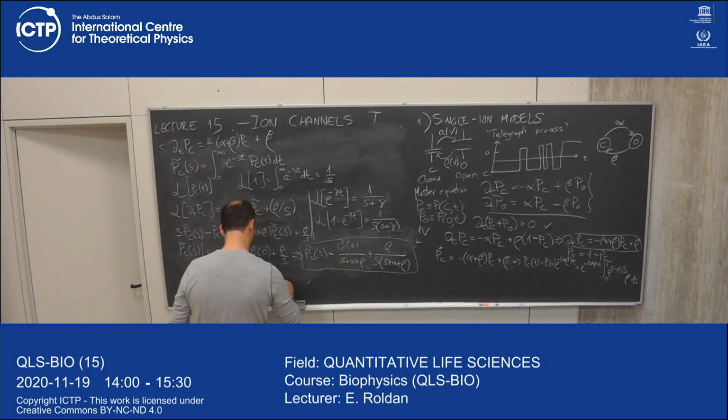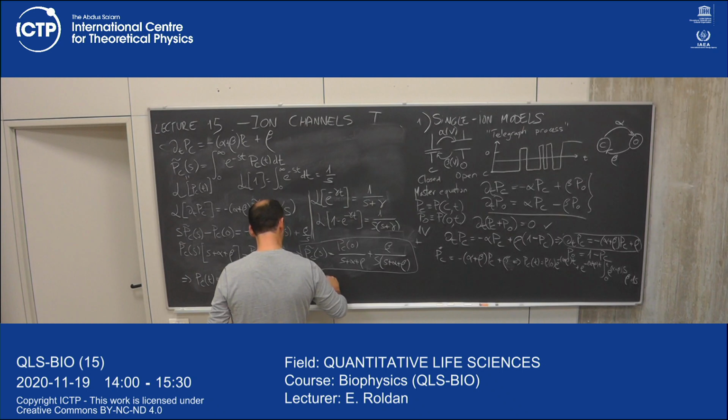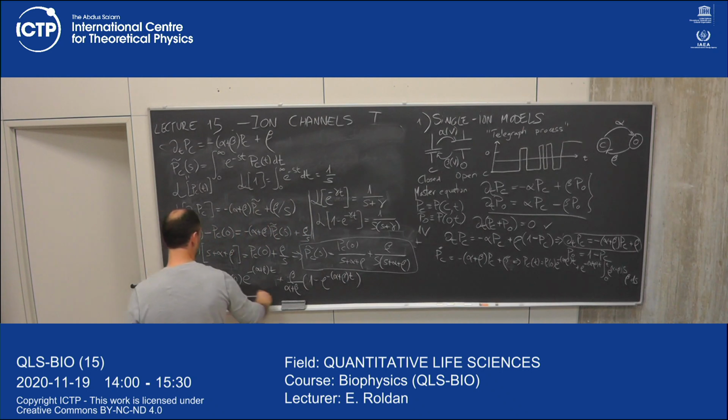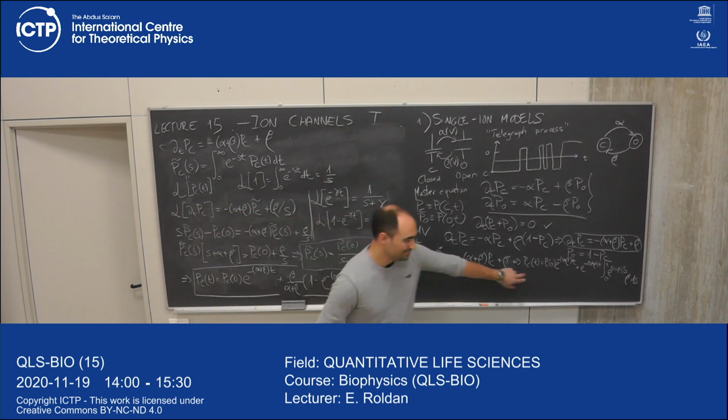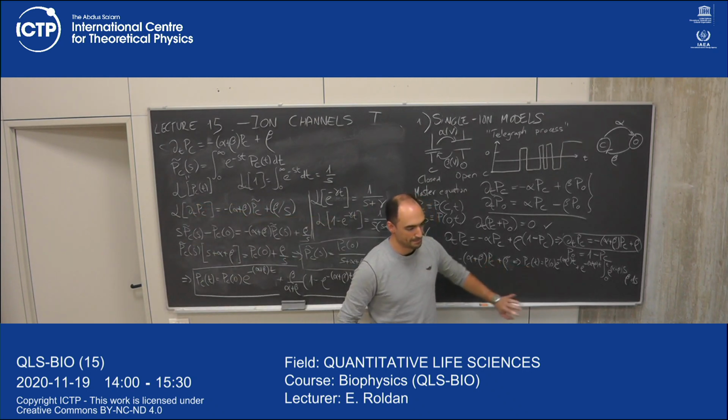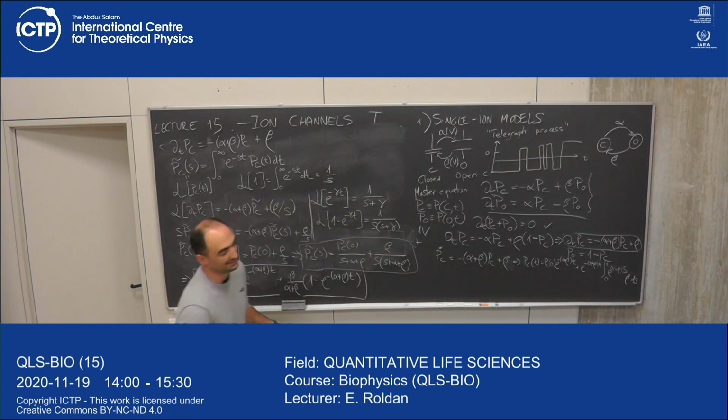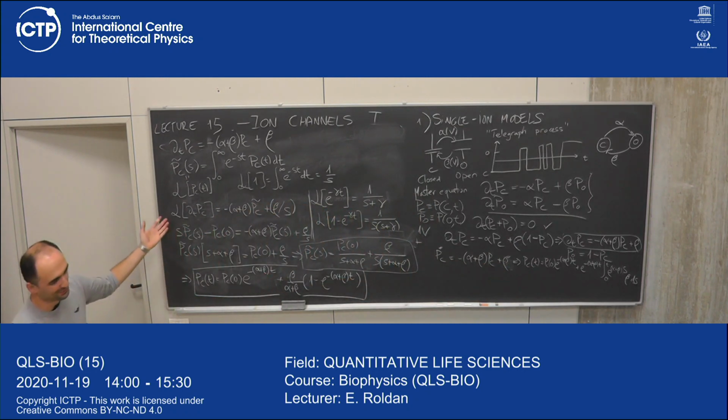And you can see that this is beta over alpha plus beta, times 1 minus e^(-(alpha plus beta)t). And this is it. So this is the same result that you get doing this. Okay, I'm just showing you a trick that sometimes is useful.